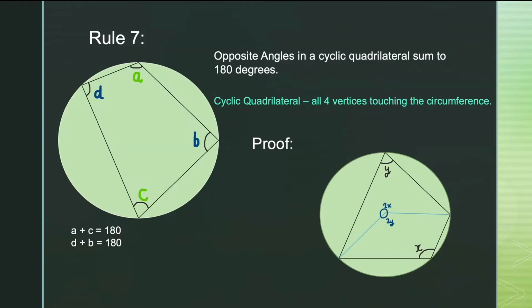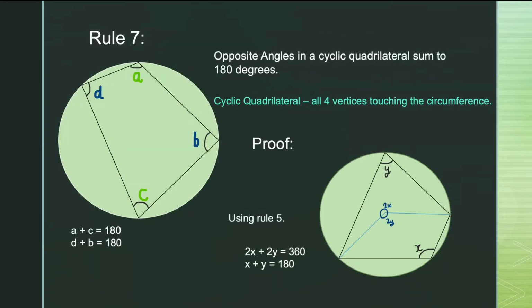And here I have drawn it, and I've already named them 2x and 2y, but you'll see how we got there. So this gives you 2 sets of angles at the centre and at the circumference subtended by the same arc, allowing us to use rule 5 again and write these angles as 2x and 2y, because it's double the angle subtended at the circumference.